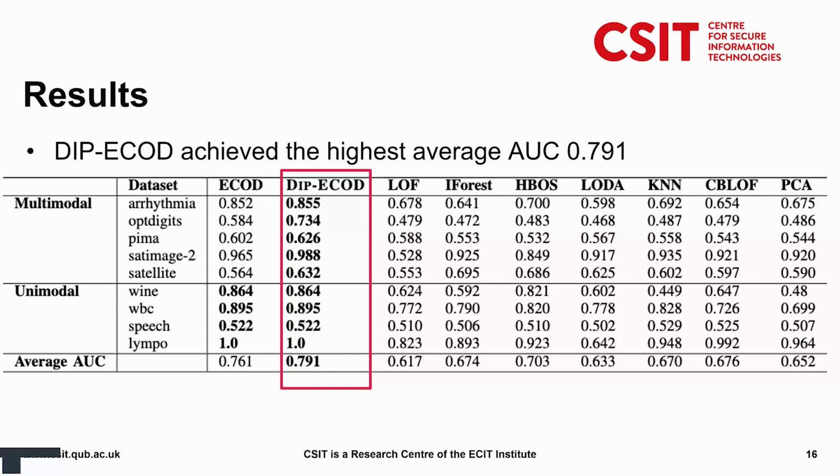As you can see here, our proposed method, deep ECOD, achieved the best result, which is 0.791 AUC score. Especially, we outperformed the second best, ECOD, with 0.761. And if we look into the result here, deep ECOD outperformed ECOD on all the multimodal data sets, and we achieve the same performance on all the unimodal data sets.